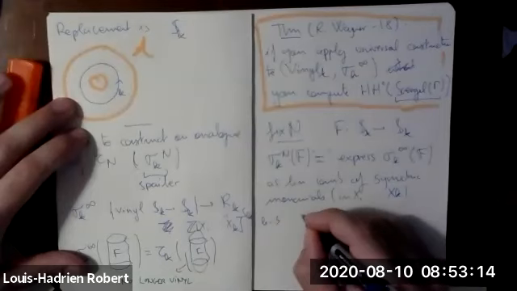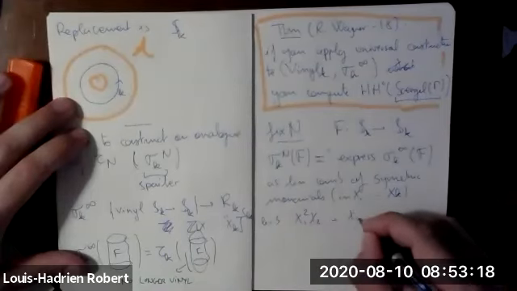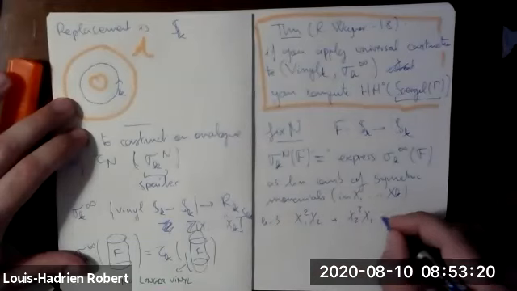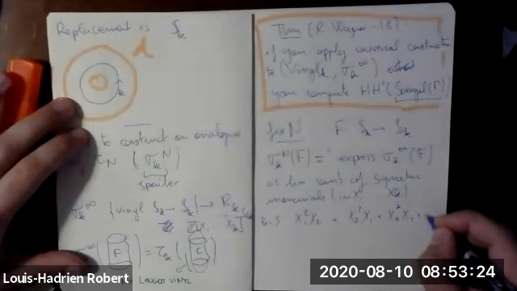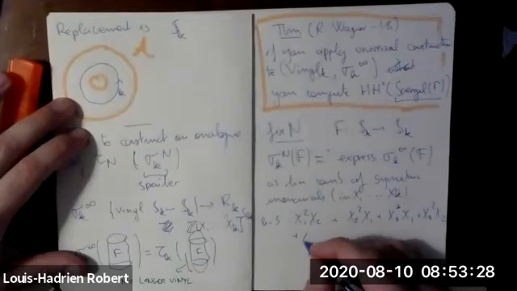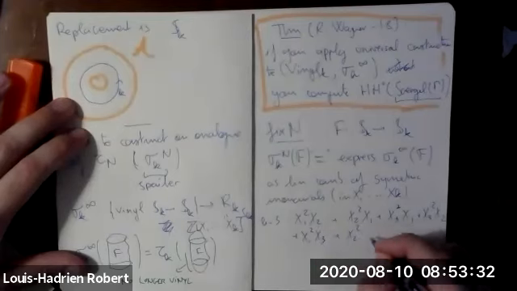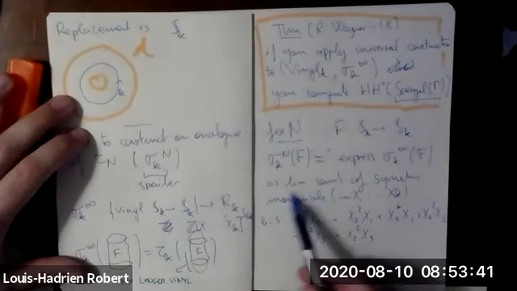Maybe I can give an example of a symmetric monomial if, say, k equals 3. So x1 squared x2 plus x2 squared x1 plus x3 squared x1 plus x3 squared x2 plus, well, I forgot some terms, but this is a symmetric monomial. And these actually form a basis of the symmetric polynomials in k variables, so you can definitely express this.